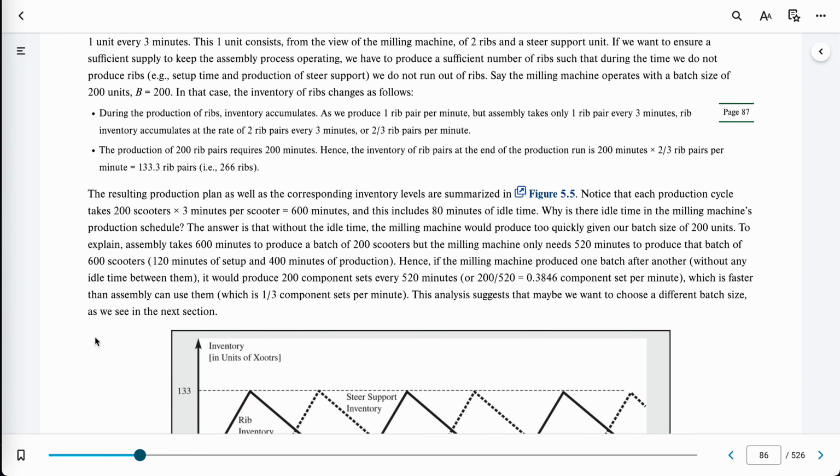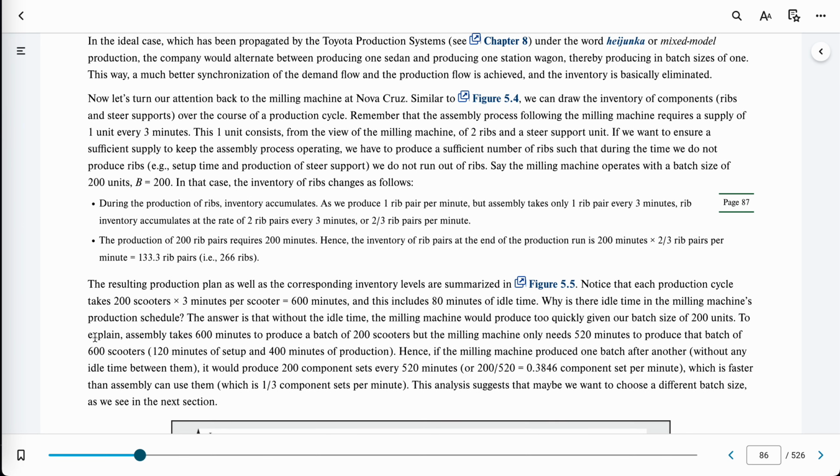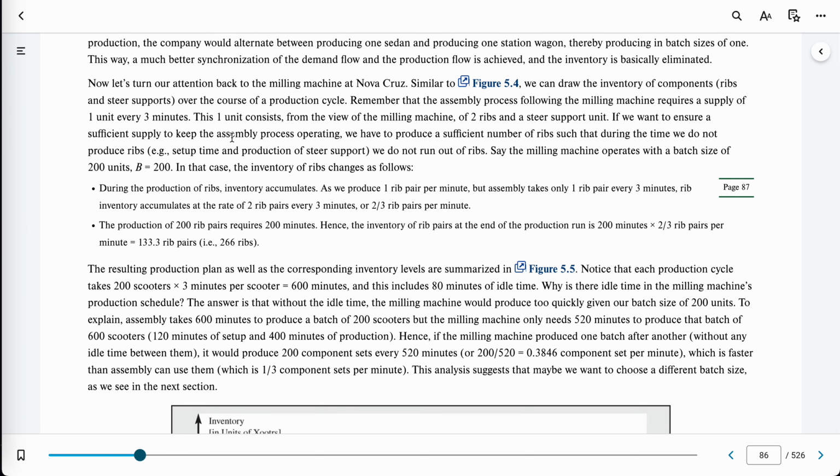And that's the idea here. So coming back to the Zooters example that we have here, remember that the assembly process for the milling machine requires a supply of 1 minute. So this is something that we didn't talk about before. Let's say that after you produce this, there is an assembly process, and the assembly process requires a supply of 1 unit every 3 minutes.